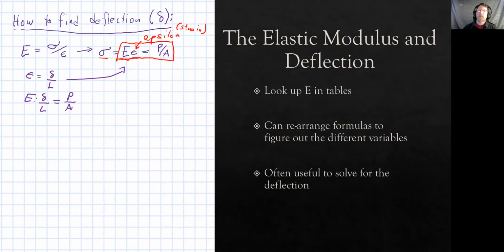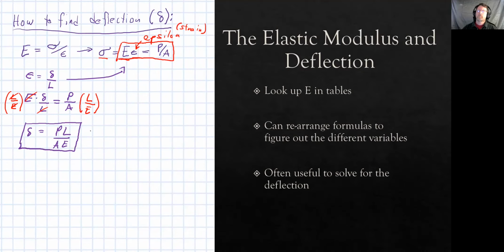I want to get rid of E and L because I want to make this all by itself. So I'm going to multiply this times L over E, multiply this times L over E, and these will cancel out, and these will cancel out. So I am left with deflection equals PL over AE, and that is my formula.